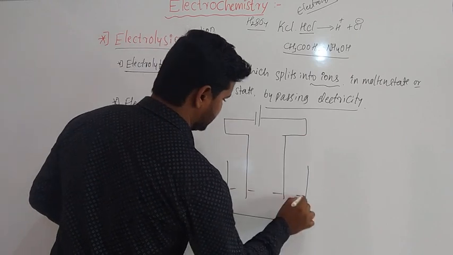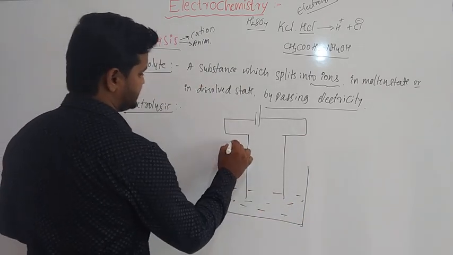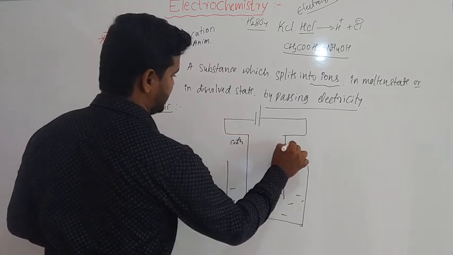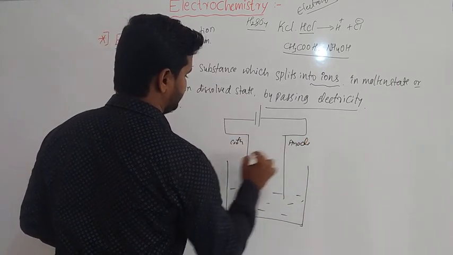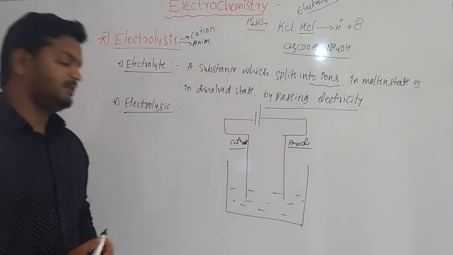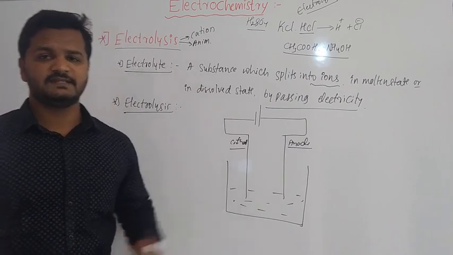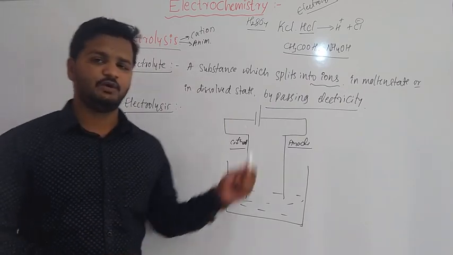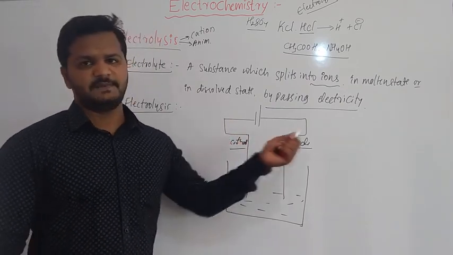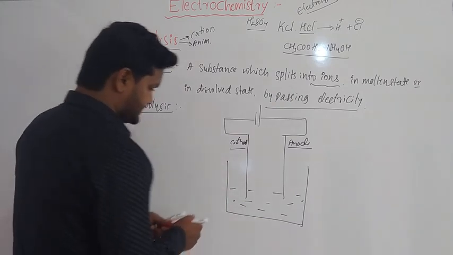Just imagine, students, this is the electrolysis method. Here one electrode acts as the cathode and the other acts as the anode. In a galvanic cell or in a simple electrolysis cell, a reduction reaction takes place at the cathode and an oxidation reaction takes place at the anode. So this is the electrolyte.